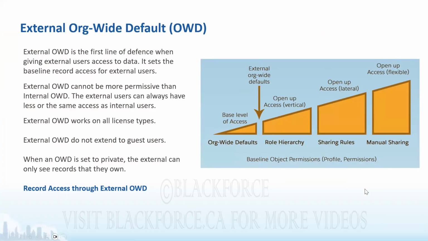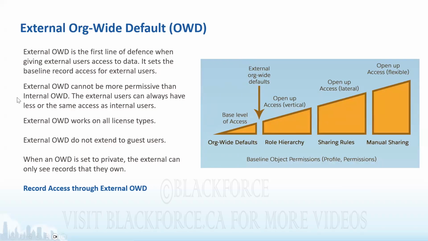In this diagram, Salesforce has placed the external OWDs between the internal OWD and the role hierarchy. It's a bit confusing, because you would ask, why isn't this placed before the internal OWDs? That's a bit confusing, but I guess they have their reasons.